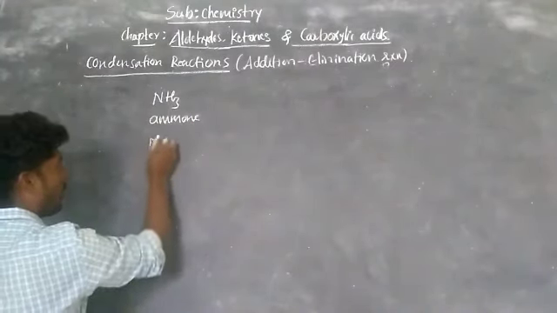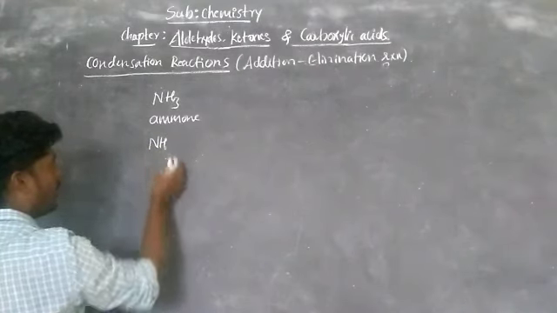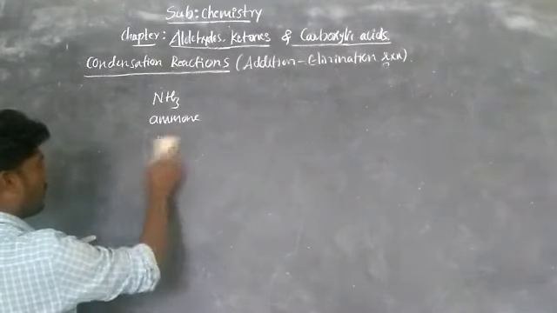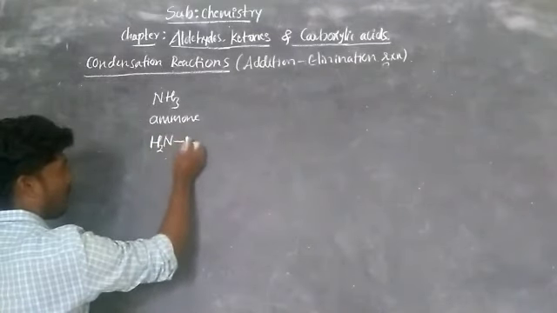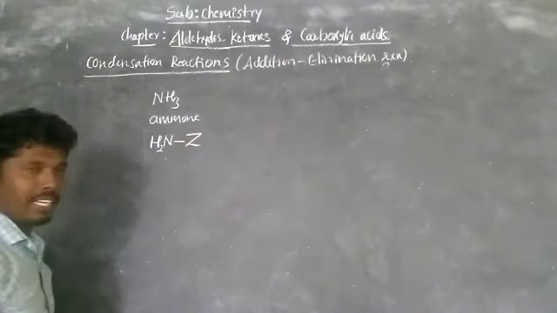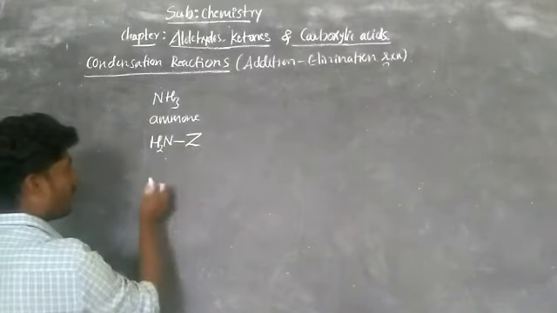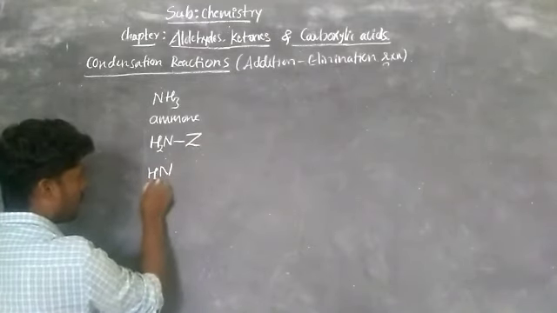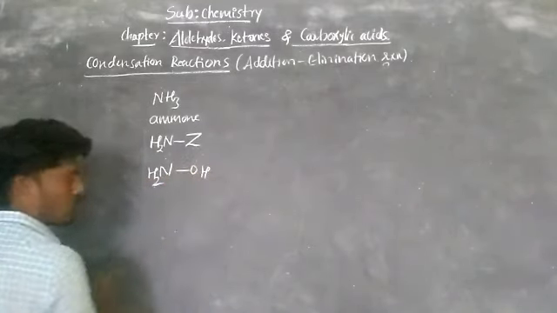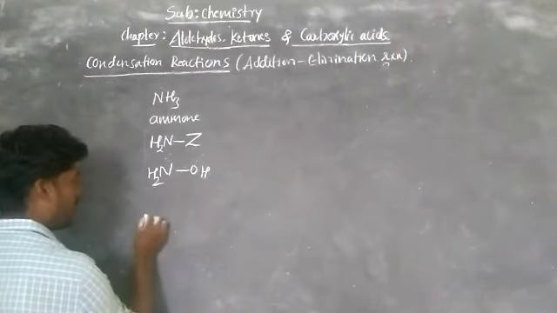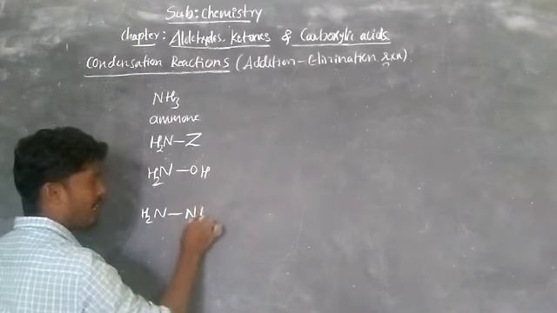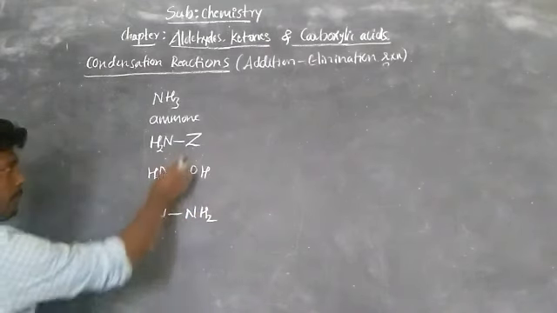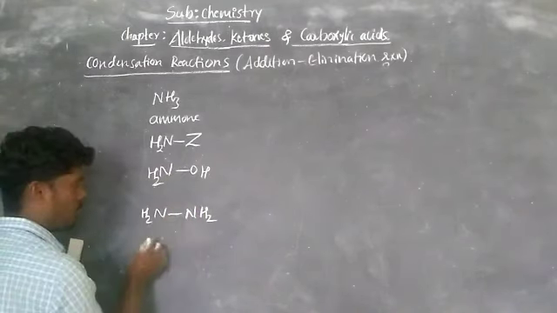After ammonia we write NH2-Z, generally. In place of hydrogen we write Z. So in place of Z, in the first case, OH. Then in the second case, in place of OH we write NH2.